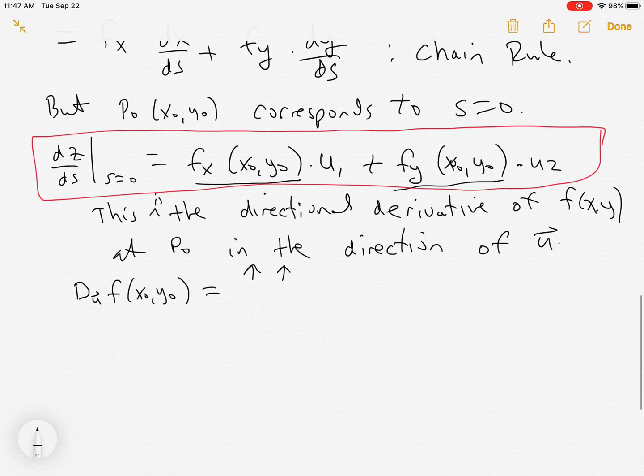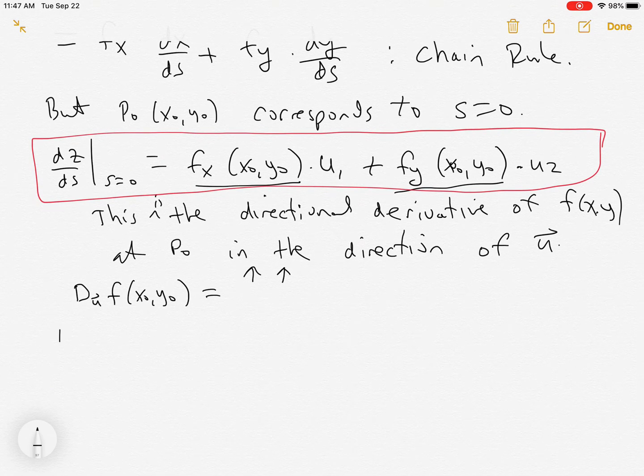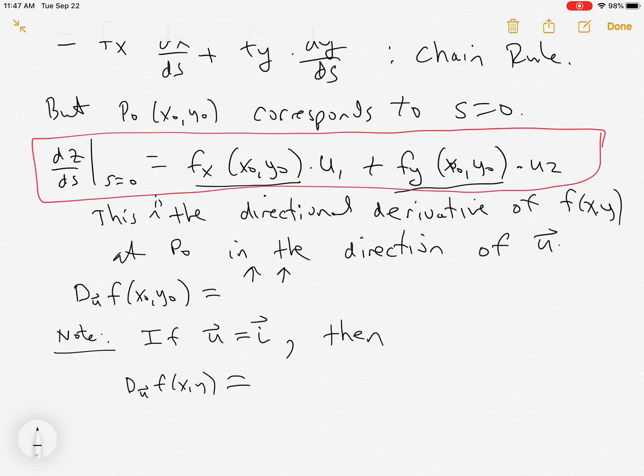Okay, let's just back up for a second here and make a note. This needs to really jive with what we did before. So if u, the direction that we're considering to take the derivative in, equals i, then the directional derivative with respect to u of any function is what?